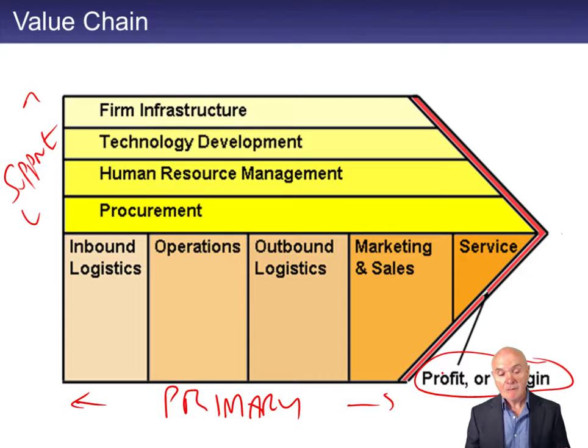You have to decide maybe for certain goods how you're going to make sure that they're kept below a certain temperature for maybe health and safety reasons, food or pharmaceuticals, something of that type. There are many choices which are available in inbound logistics. Operations is basically the manufacturing process, what's happening in the factory.